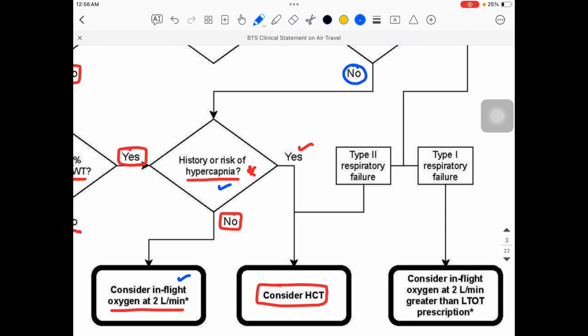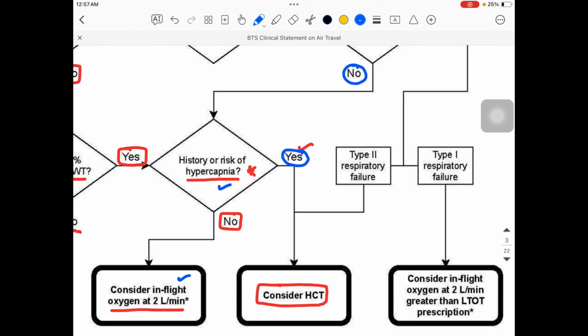If the patient has the risk of hypercapnia, then we should consider hypoxia challenge testing.